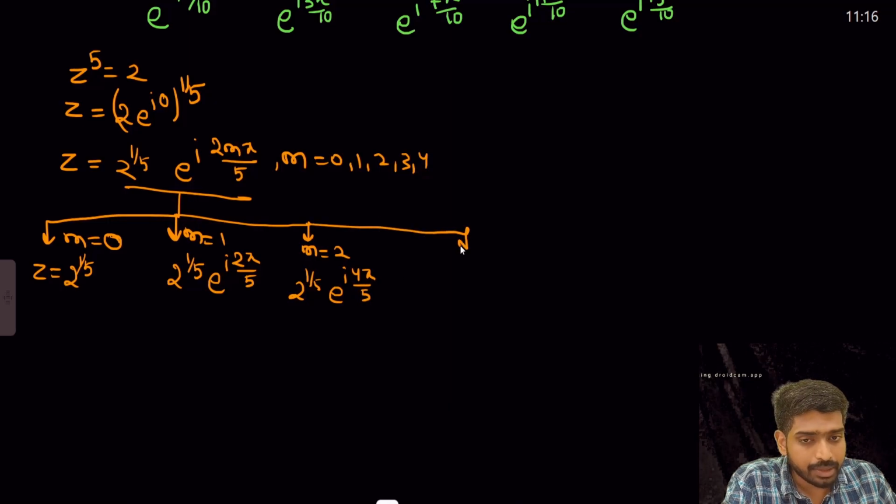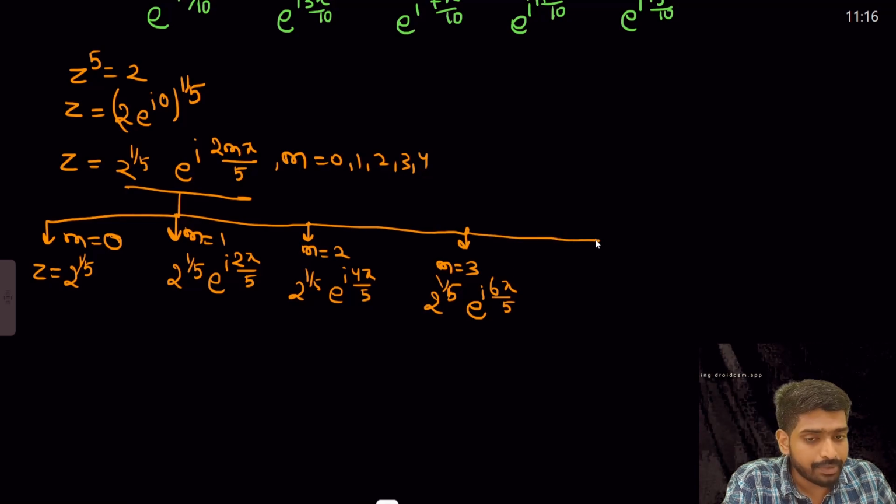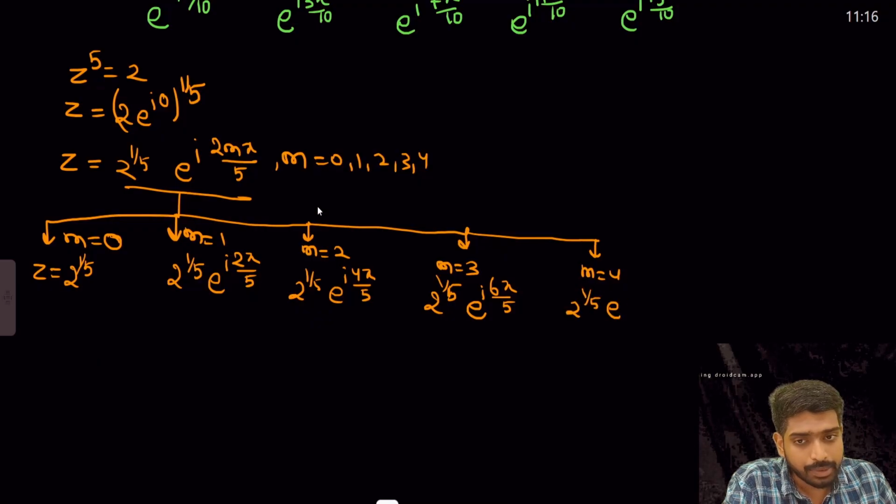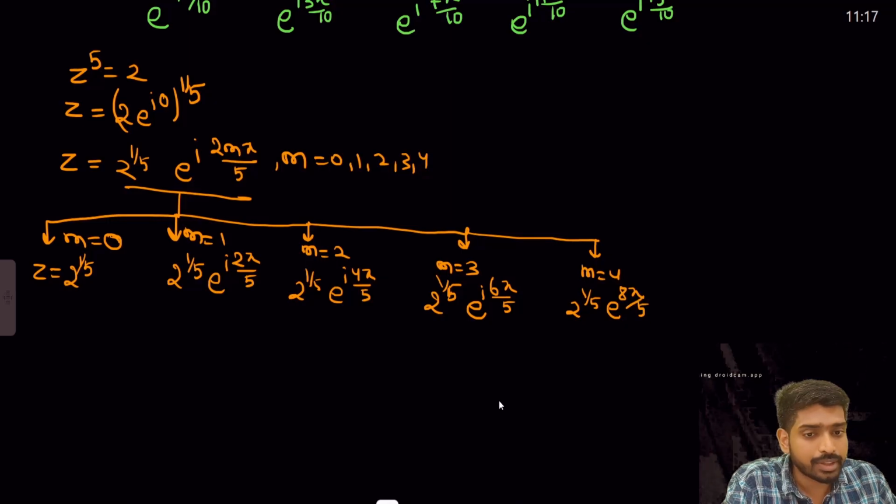Next, if we keep m value as 3, we'll get 2 to the power 1 by 5 e to the power iota 6 pi by 5. Next we'll keep m value as 4, so here we'll get 2 to the power 1 by 5 e to the power iota 8 pi by 5. Got it?